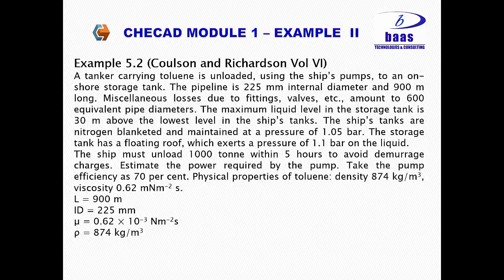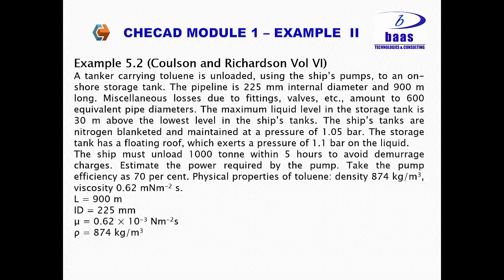The line length is 900 meter, with miscellaneous losses, the dynamic losses being 600 equivalent pipe diameters. The elevation is 30 meter, and then we know that the ship is at 1.05 bar.